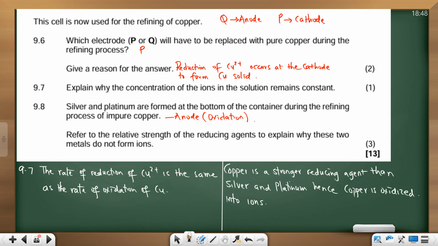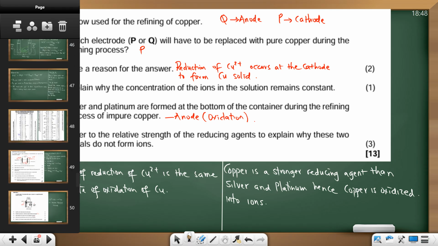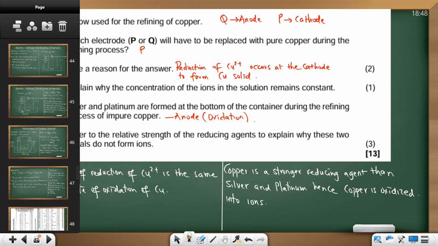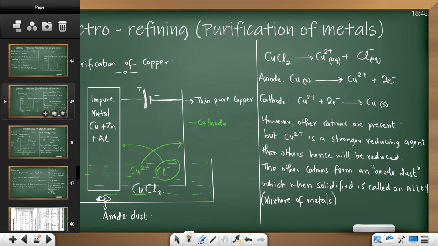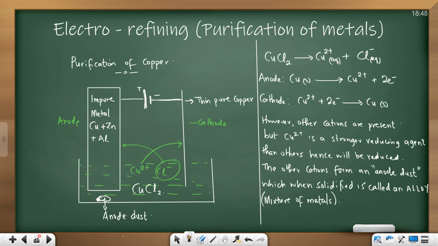Let's check something here. Let's go back quickly. I want to just make an amendment on something here. Where's my anode dust? Check here. My anode dust. All right. I said, however, all other catalysts are present, but copper 2 is what? A stronger reducing agent will be reduced. I want us to add that one here as well.